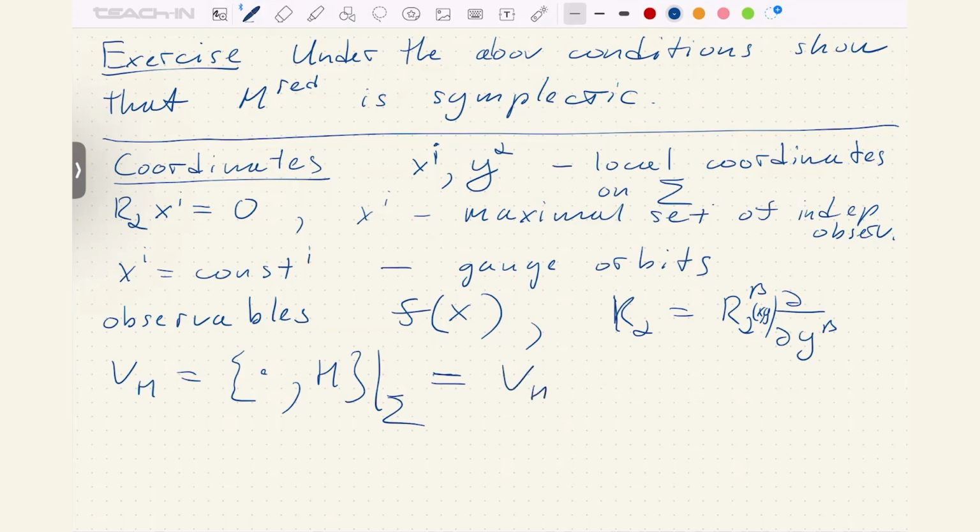So this guy contains both H^i d over dx^i and H^alpha d over dy alpha. It has components along both directions. But of course, when we apply VH to an observable, we only see the first one. The first one is physical.